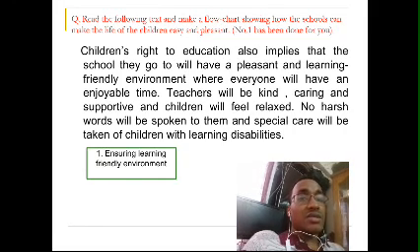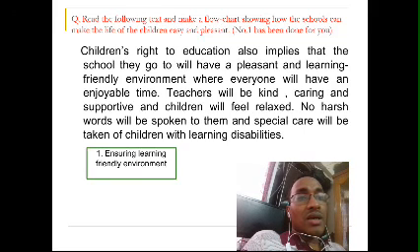You see, this is the text, and this is about children's right to education and how we will make education enjoyable to the children. The first one is given, and this is derived from the first sentence. You see, ensuring learning friendly environment. You will find that it implies the school they go to will have a pleasant and learning friendly environment.